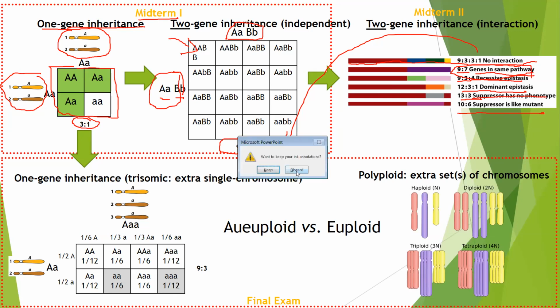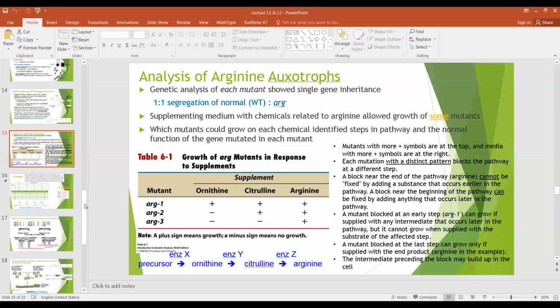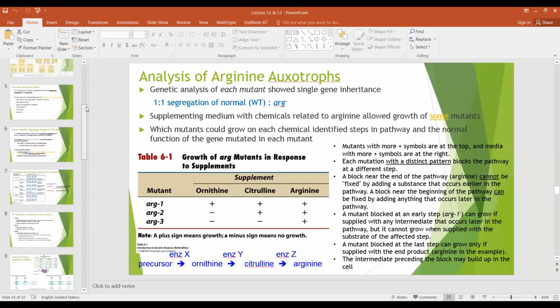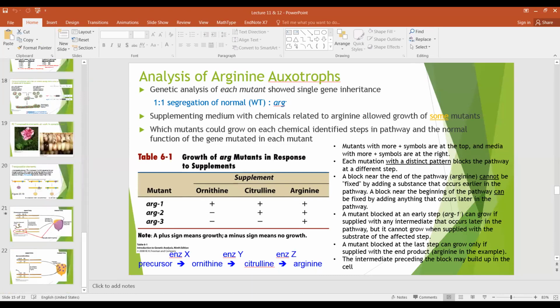So let's go back to, give me a second. Let me stop share here and try to find out. Here. I hope this is the correct slide. No, this is not the right one. Give me a second. Sorry.